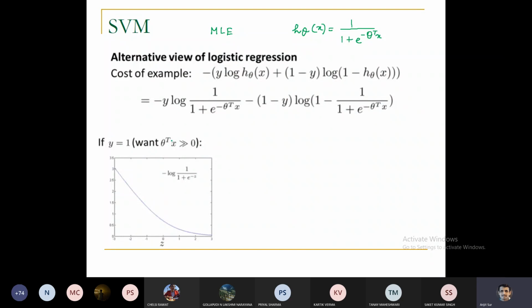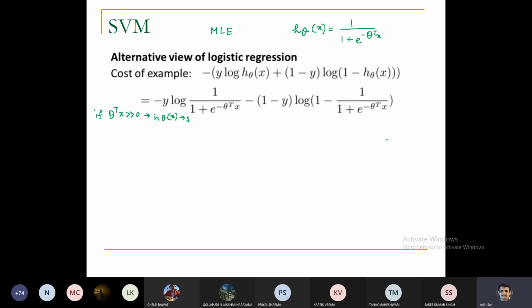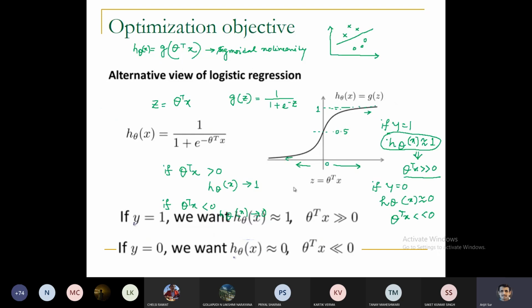We want theta transpose x to be greater than or equal to 0, because as we saw earlier in the slide, that denotes that h theta x is going to 1.